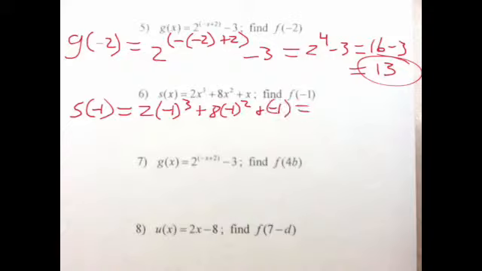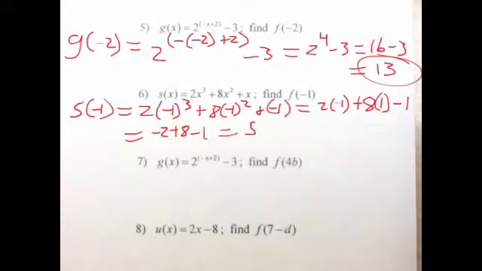And to get rid of all those parentheses, you need to cube this one, square the other one, and so it's going to give you 2 times negative 1, because negative 1 to the 3rd power is negative 1. Make sure you put parentheses around it. And the next part is going to be 8 times positive 1, because negative 1 times negative 1 is negative 1. And the next part is just negative 1 or subtract 1. And when you simplify that down, you get negative 2 plus 8 minus 1, which is 5.